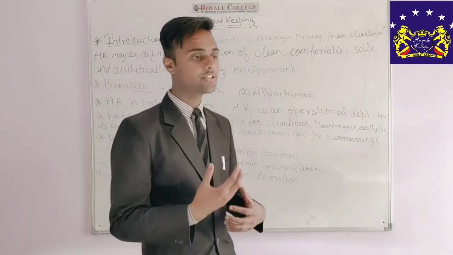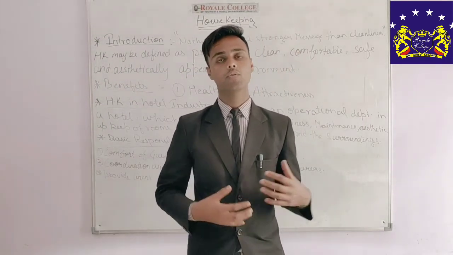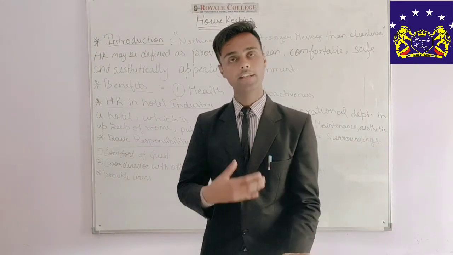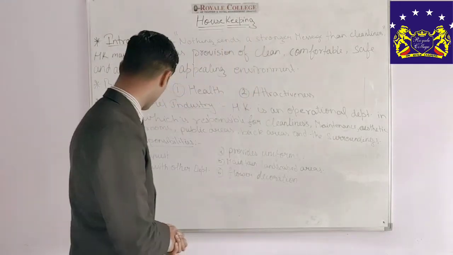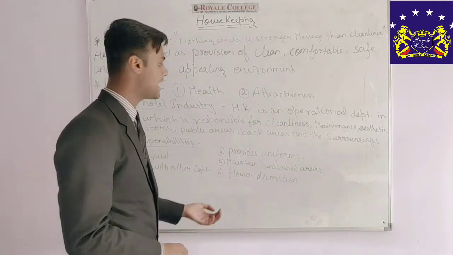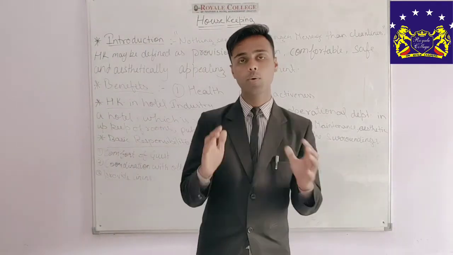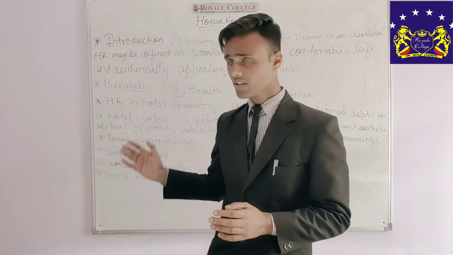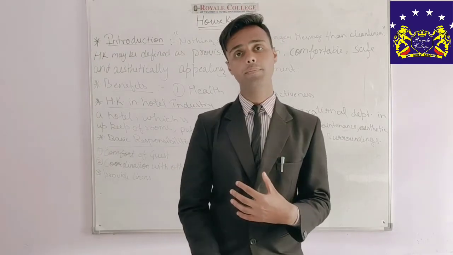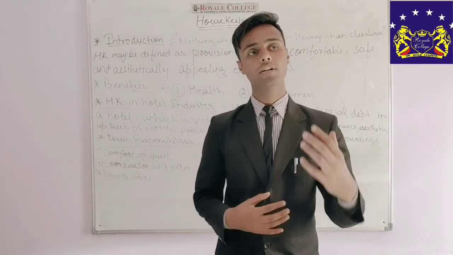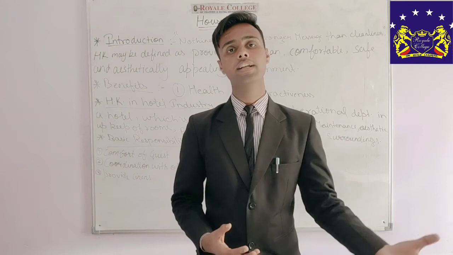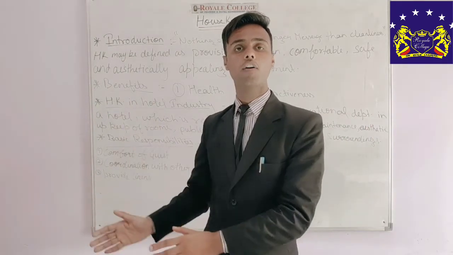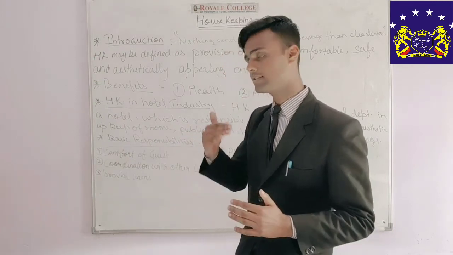I have told you that by sharing information with other departments, they help run our hotel smoothly. Now the third point, provide linen, and the fourth, provide uniform. They are both connected. There is a separate department in housekeeping known as the laundry department, and this department is responsible to provide all the linens and uniforms to all personnel and areas of the hotel establishment.